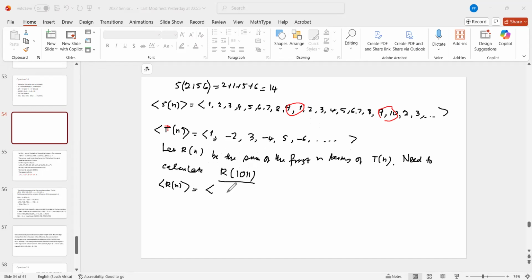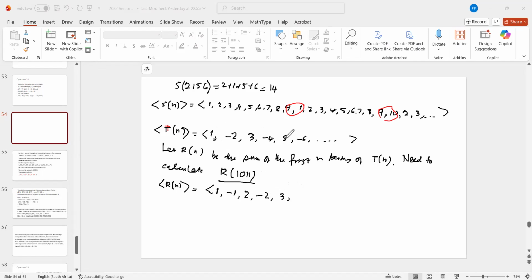I'll mentally add these. 1 minus 2 is minus 1. So when you add these two, you get minus 1. Now you add 3, so this is 2. And then you add minus 4. 2 minus 4 is minus 2. This minus 2 plus 5 is 3.